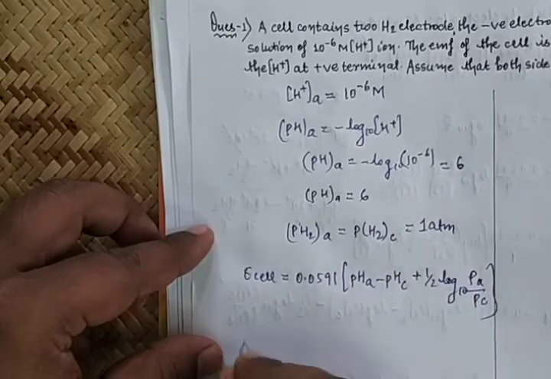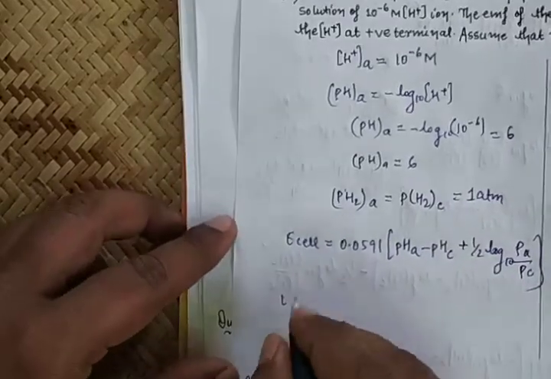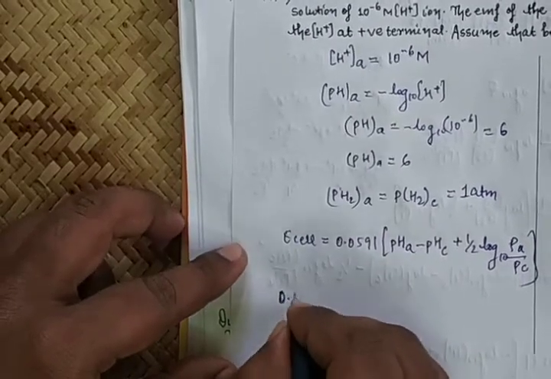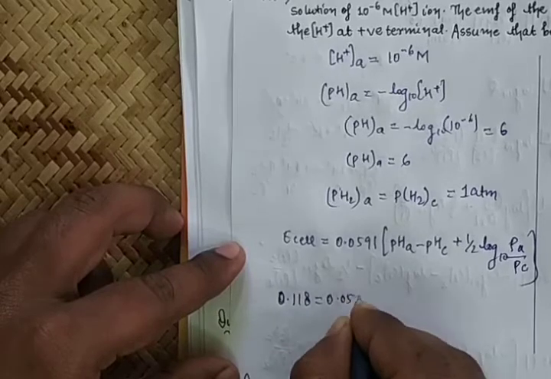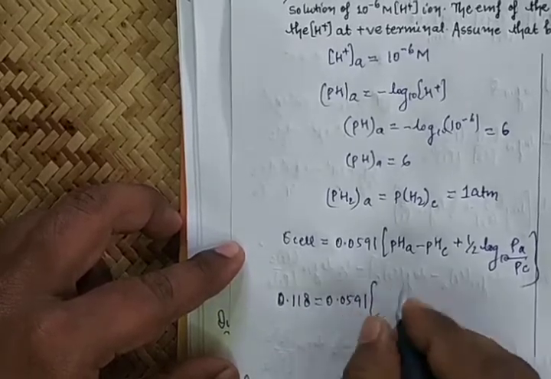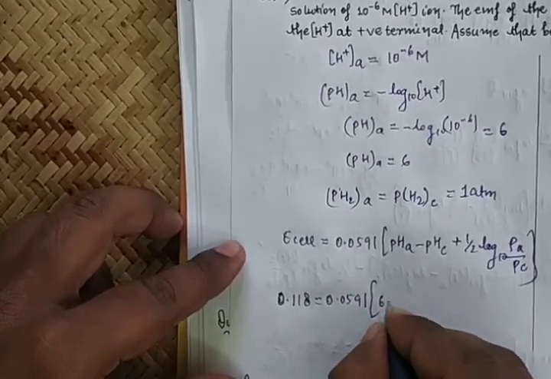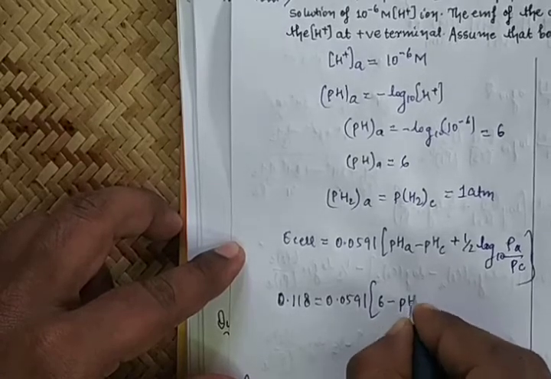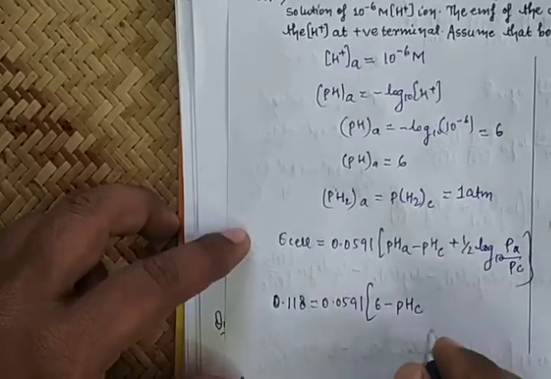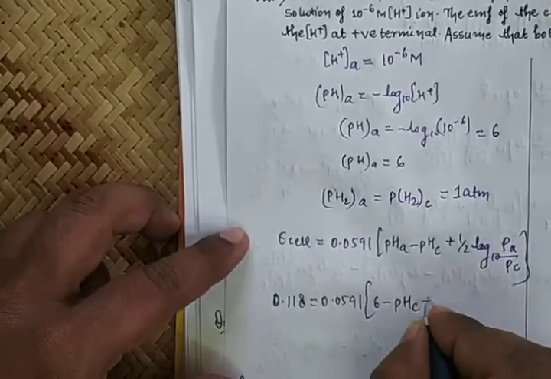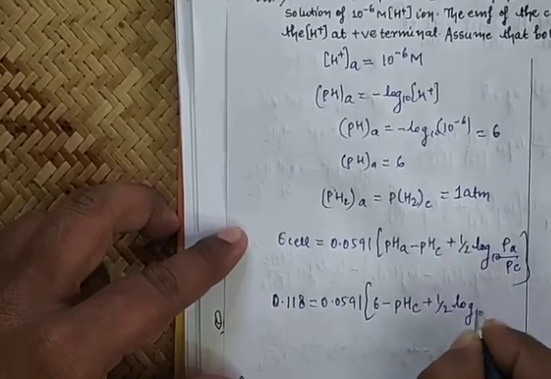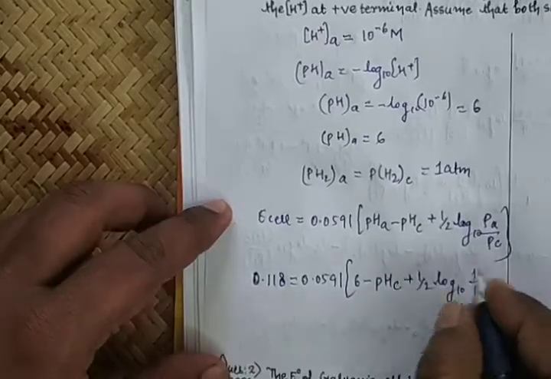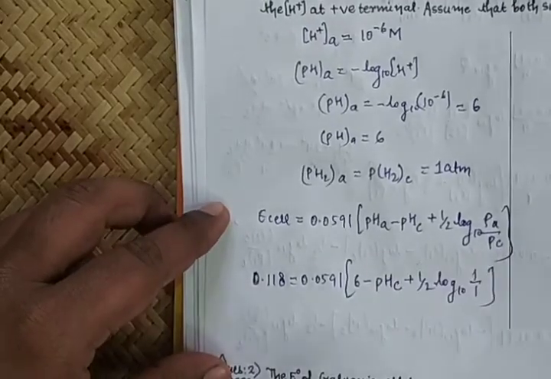Clear? Okay. Now E cell value is 0.118, equal to 0.0591 times 6 minus the pH of cathode, plus half log base 10, and both sides of pressure are 1, right?